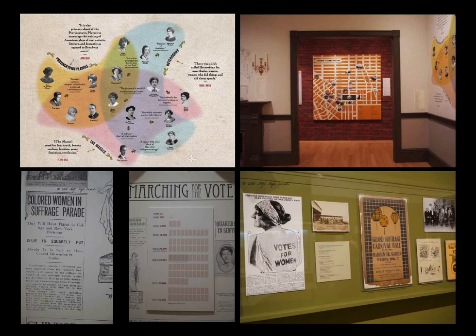This is the inside design of the gallery. One of the infographics I designed, you see from the top left, is a visual infographic of the women activists at the time. There are three different groups of people.